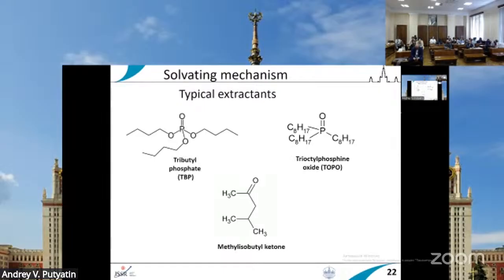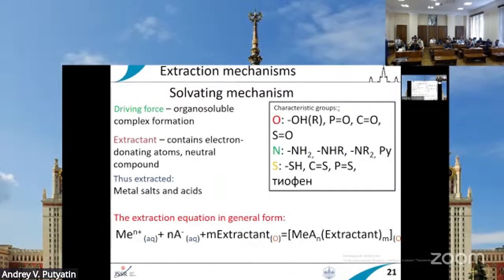But besides solubility of the extractant, this substance should make a complex with the metal that is also soluble in the organic phase. So these are examples, but the main idea is that it has long aliphatic chains, and it also has some donating groups that will bind with the metal cation.